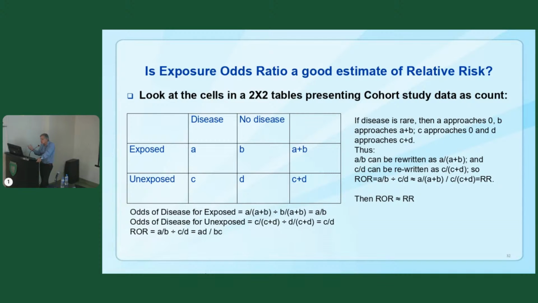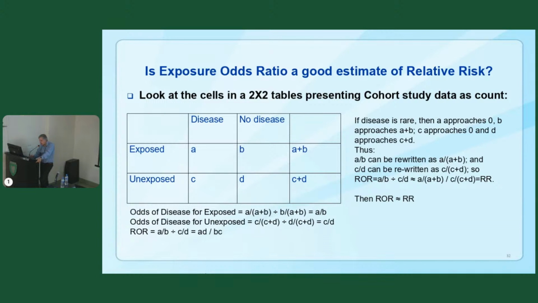When you have large numbers in rare disease, when the disease is rare among the exposed group, B becomes almost the same as A plus B. When the disease is rare, in general, D becomes very similar to C plus D. Okay, so if I do A divided by B, it's the same as doing A divided by A plus B. A divided by B is the odds of disease among the exposed.